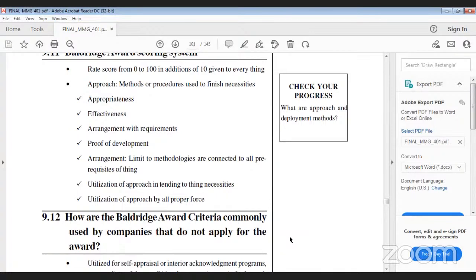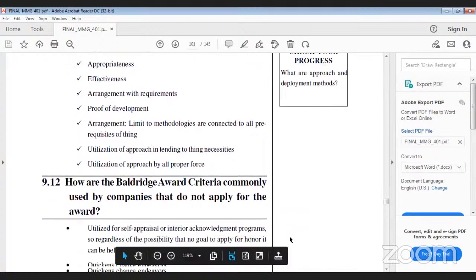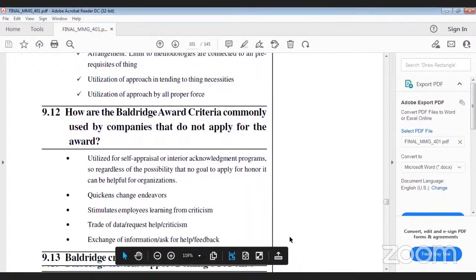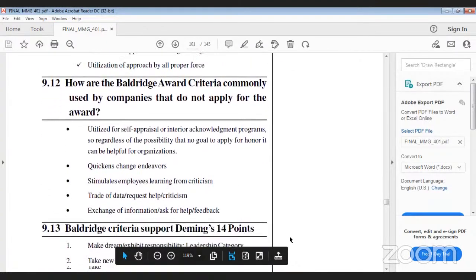The next point is how the Baldrige Award criteria are commonly used. Here, by the 12 point, the Baldrige Award criteria are commonly used by companies that don't apply for the award. That means it is used for self-appraisal or internal acknowledgement of programs. So regardless of the possibility that there is no goal to apply for the honor, it can be helpful for the organization.